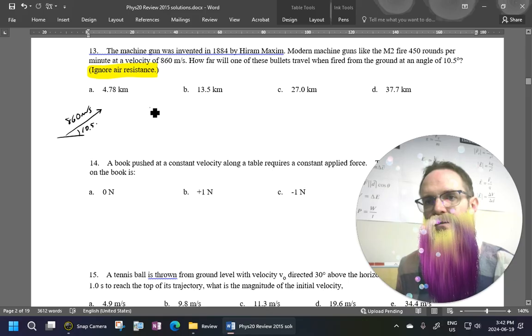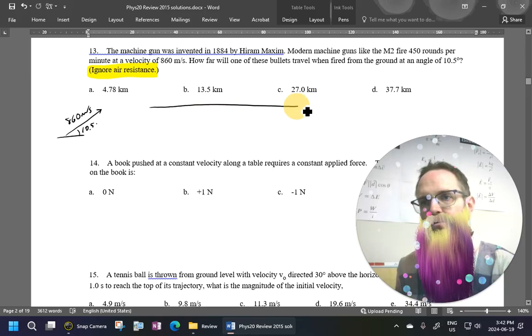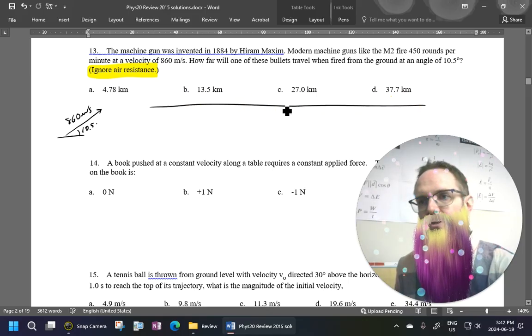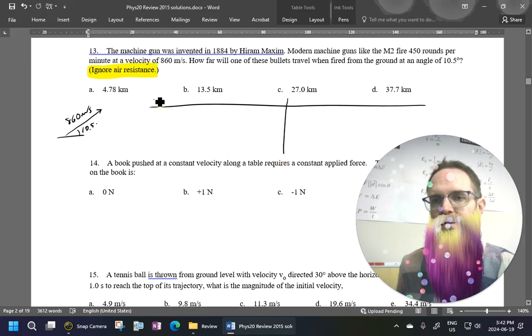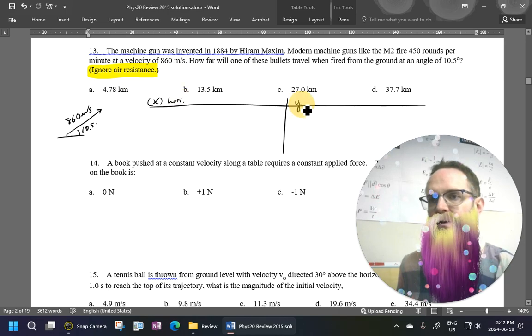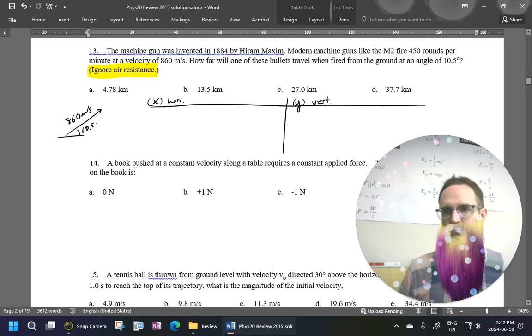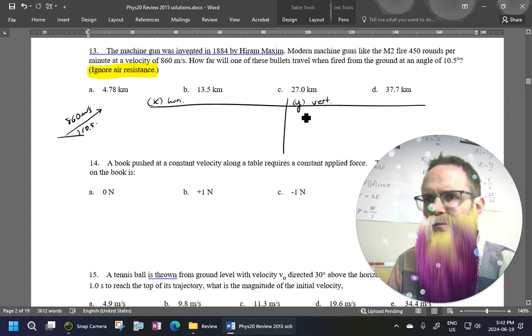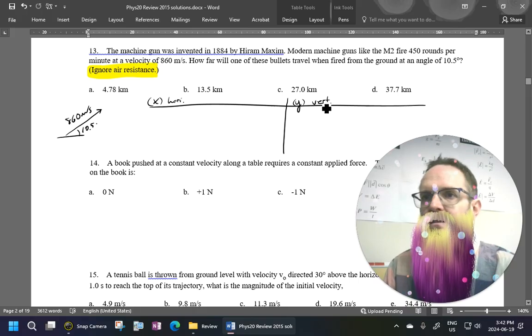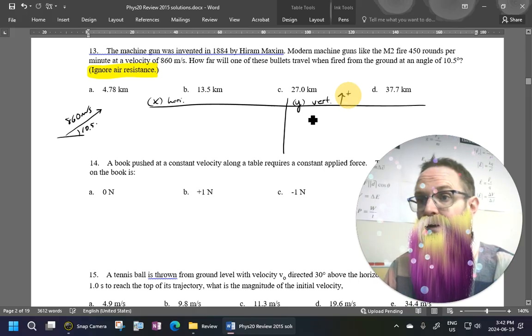And then we got the X, the horizontal direction, and then we got the Y, the vertical direction. Okay, so we got the horizontal, vertical here. So we could do what we did with that water bomber one. We could say, okay, so this is fired upwards. So let's just say up is positive.